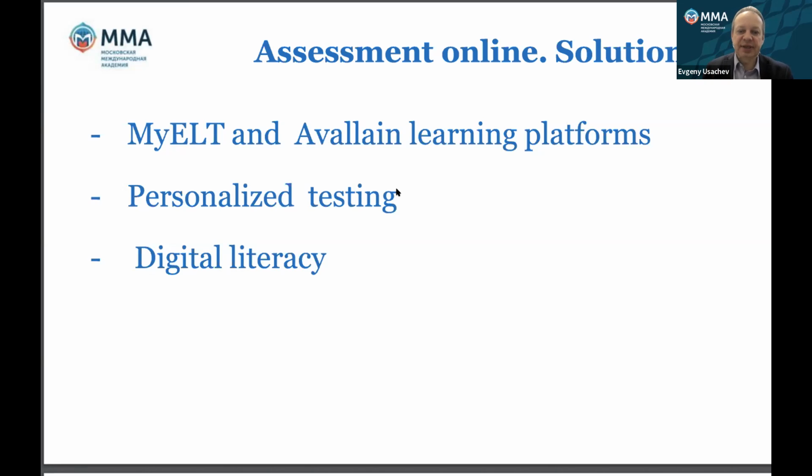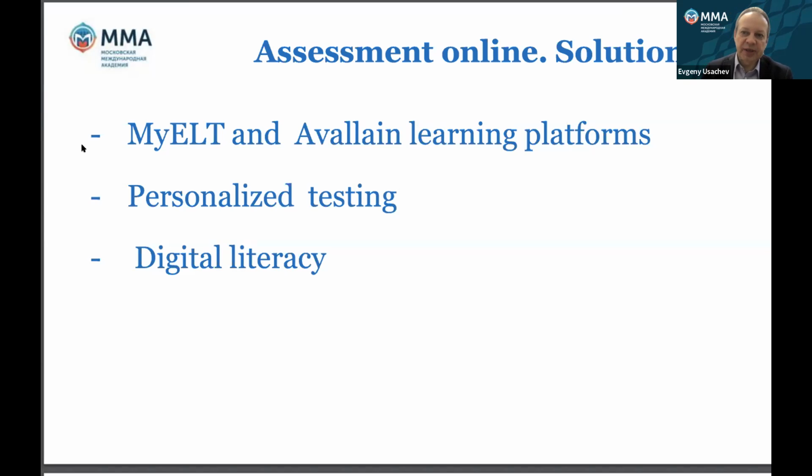And if you buy, say, paper textbooks or digital textbooks and workbooks from Anara, again, because Anara is an exclusive distributor of National Geographic Learning, that means you will get access to this Everlane learning platform, which is more advanced than MyELT in terms of interface, in terms of the options, and some other learning opportunities.